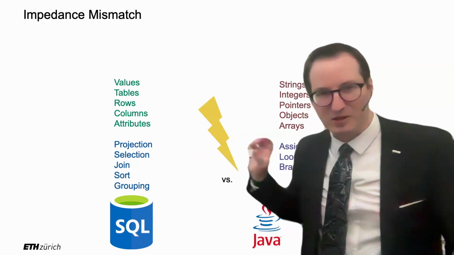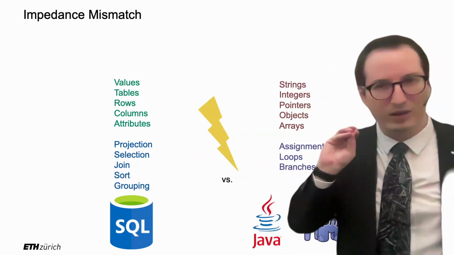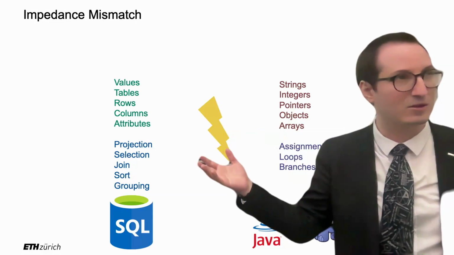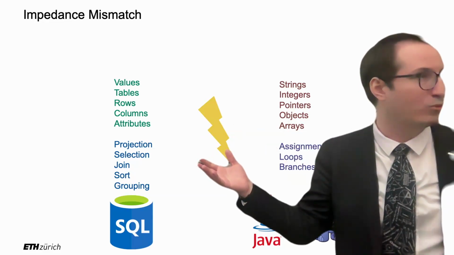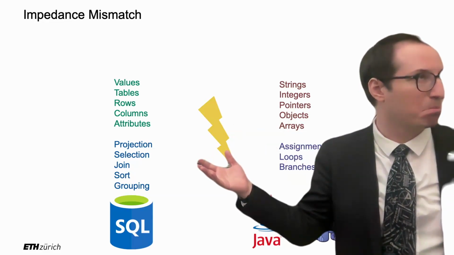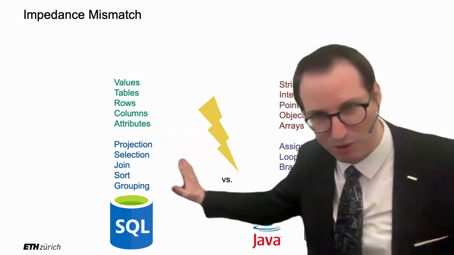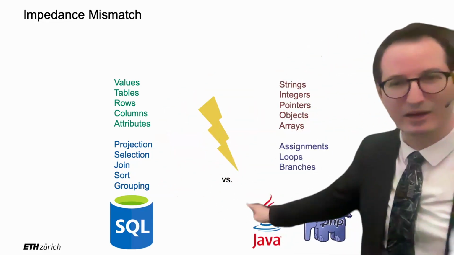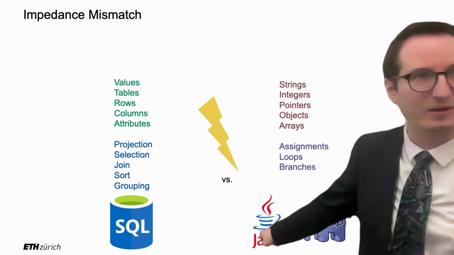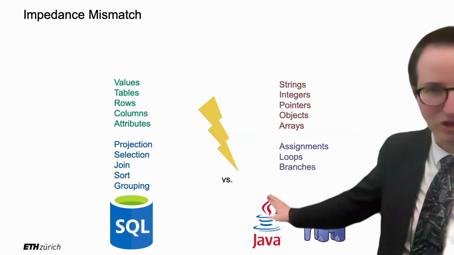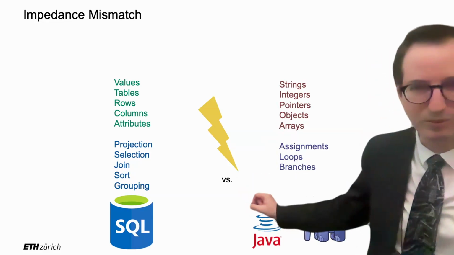Because of that impedance mismatch, an enormous amount of engineering work has been done in the past 30 years. Object-oriented programming is 30 plus years old, Java 30 plus, C++ maybe a bit more.